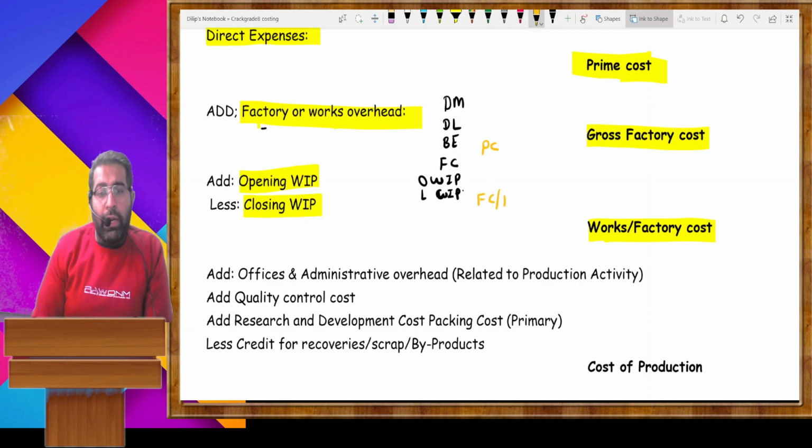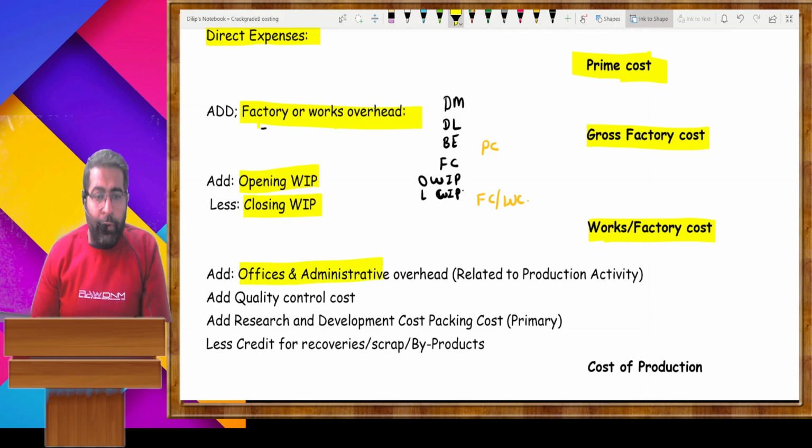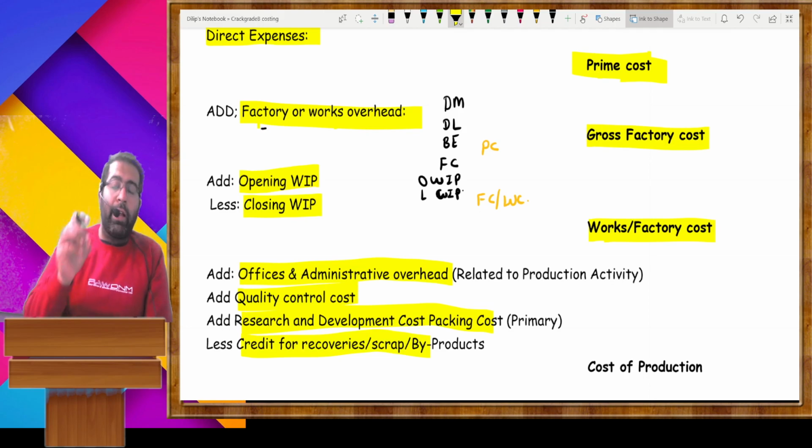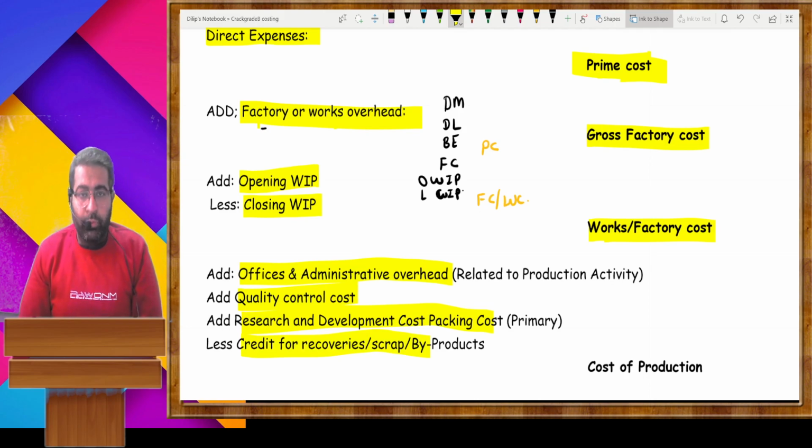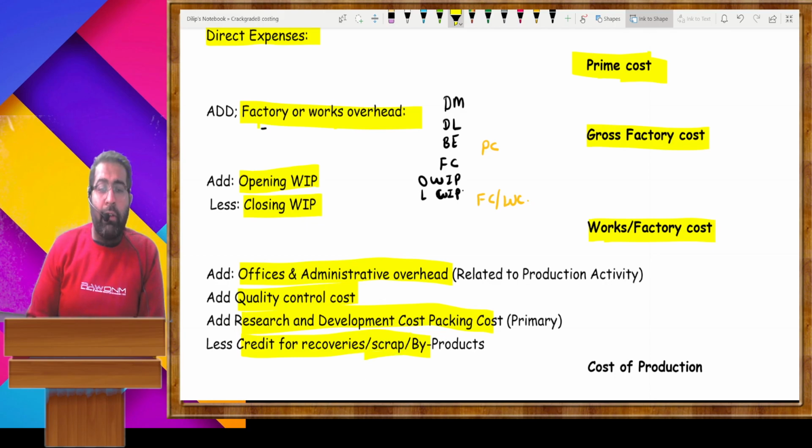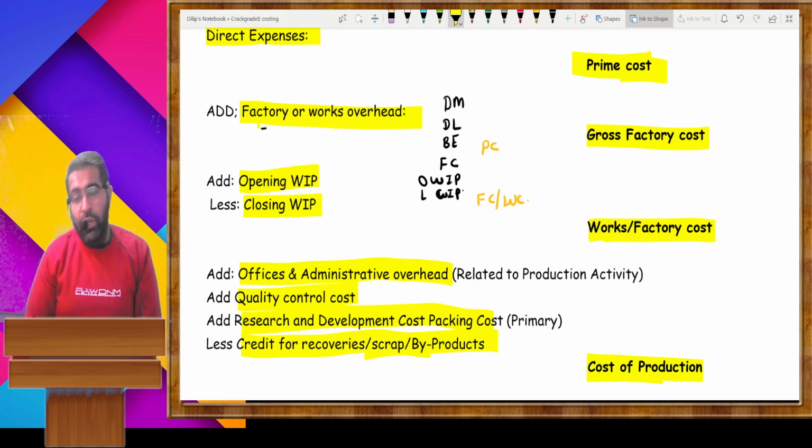It is also regarded as work cost. In this we add all the types of office and administration overhead, quality control cost, research and development cost, and credit. If we are producing any product and any type of scrap is generated, and we sell that, then the cost will be lesser. So this is the credit recovery by sale of the product. Then the total is regarded as cost of production.